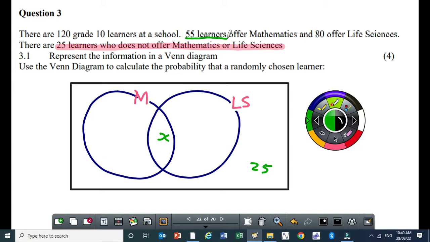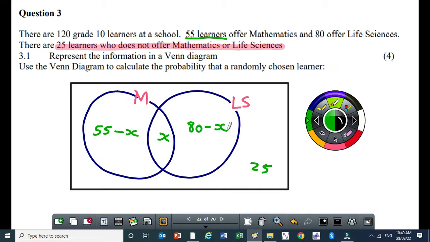It will be 55 minus x. Remember, these x belong to both maths and life sciences. Then there are some learners who don't do maths, which means they will be doing maths literacy and life sciences. So the total of those doing life sciences only is 80 minus x.